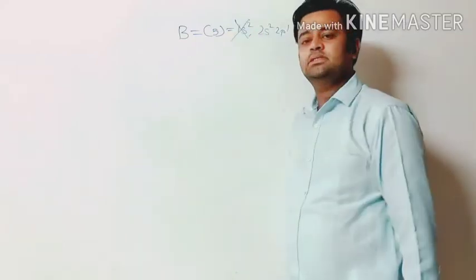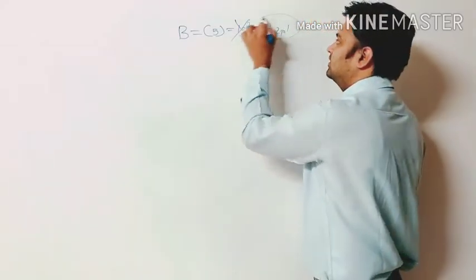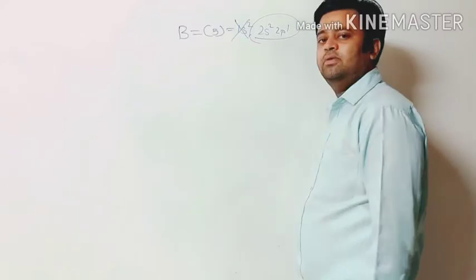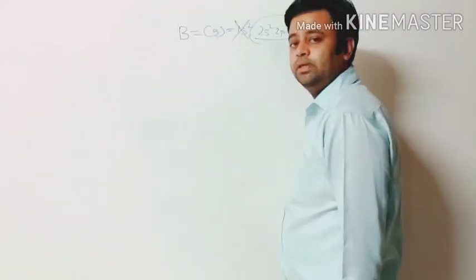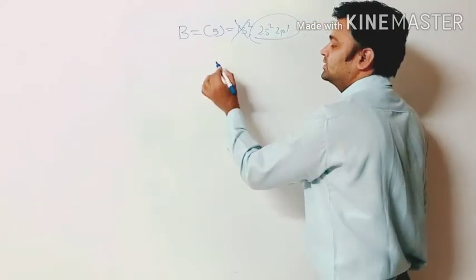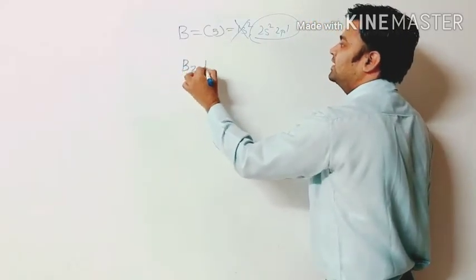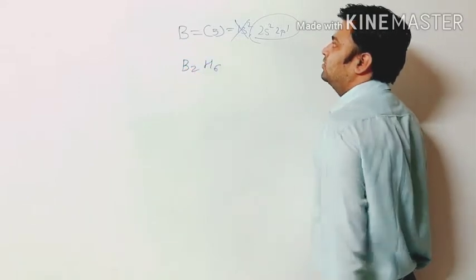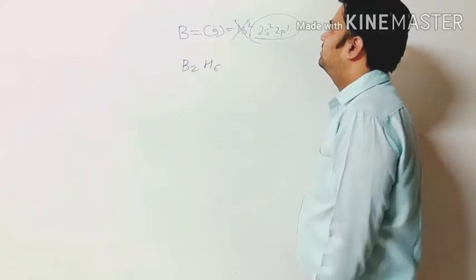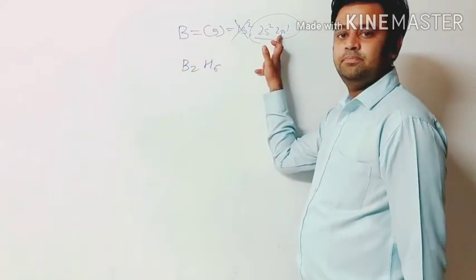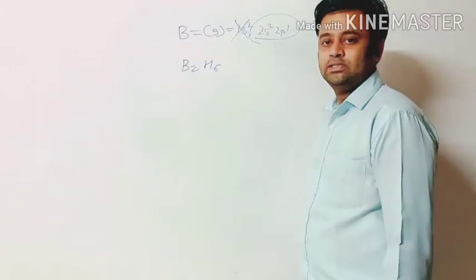Definitely the 1s electrons are not going to take part in bond formation, and only these 3 electrons are available, 2s and 2p. Since in B2H6 there are 2 boron atoms, there are 3 p orbitals, px, py, pz, and 1 2s orbital.